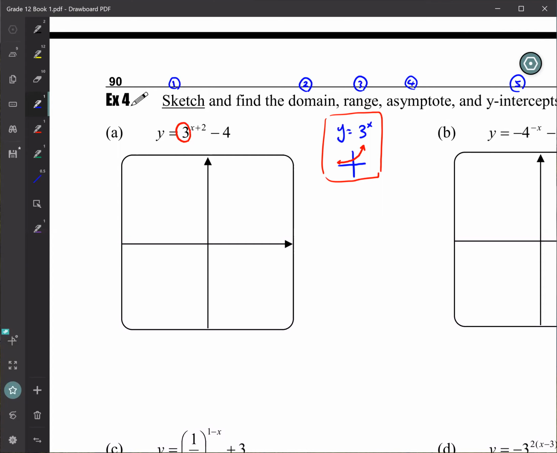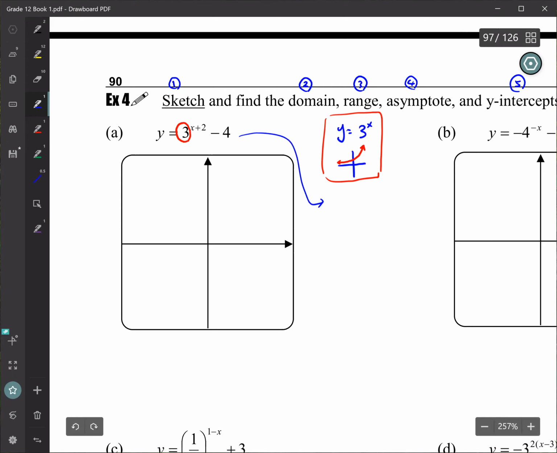X plus 2, and then there's a minus 4 at the back. Left 2. And down 4. Down 4, yeah, okay. It has to do with translation, okay? So that's why I said the transformation is very important. It can be applied in the later chapters, right? Or, right here, we can review a little bit.